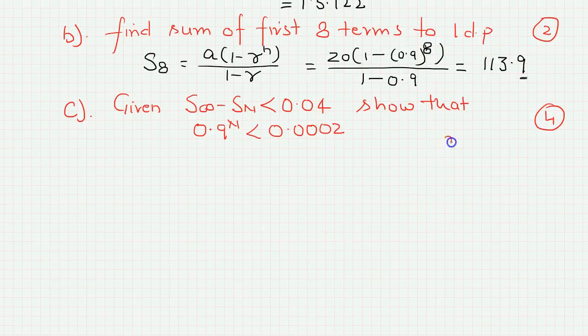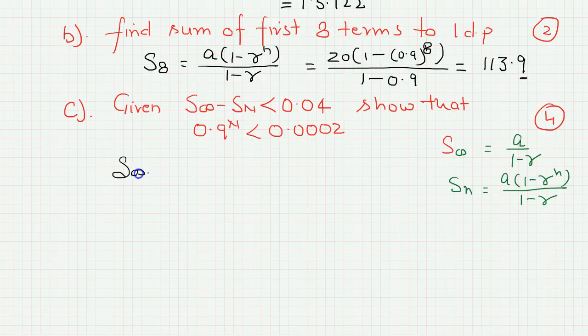We know that in a geometric series, S infinity is equal to a over 1 - r, and Sn is equal to a(1 - r^n) over 1 - r. So we have to find S infinity minus Sn.